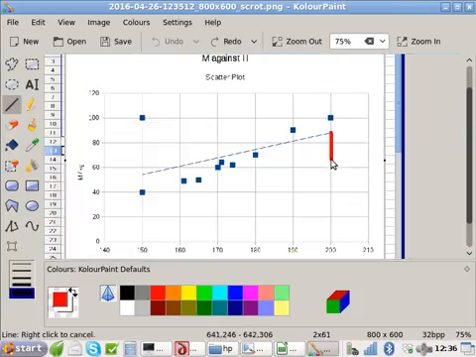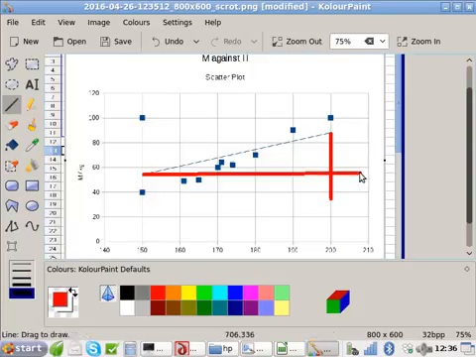From here to, well, what I can do is I can go down more than I need, and then go across more than I need. There we go. And then let's put in the colors now. So this is the delta y, and this is the delta x. So I need to read these numbers. The delta x goes from, what do we say, 151 to 200 about. Oh, it's actually 150 to 200.